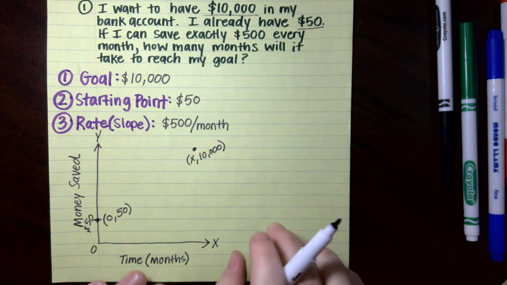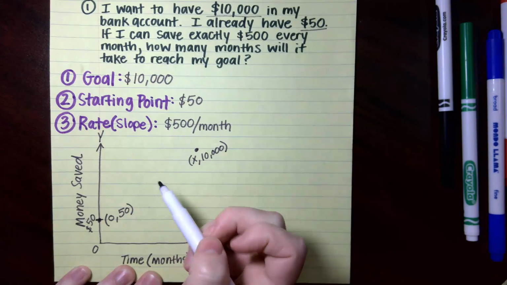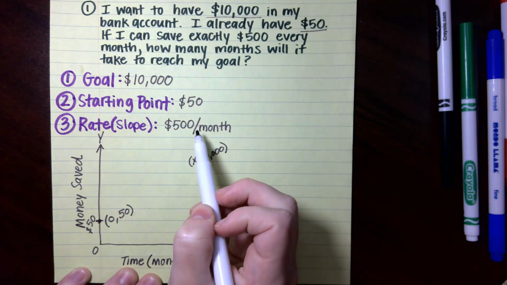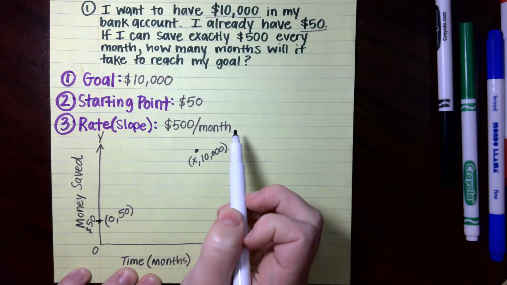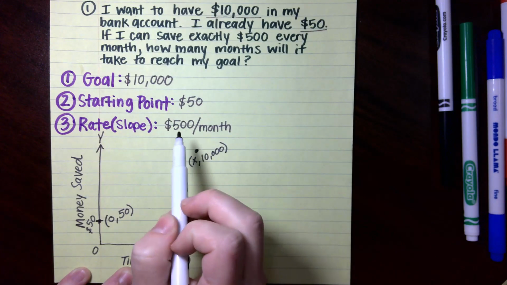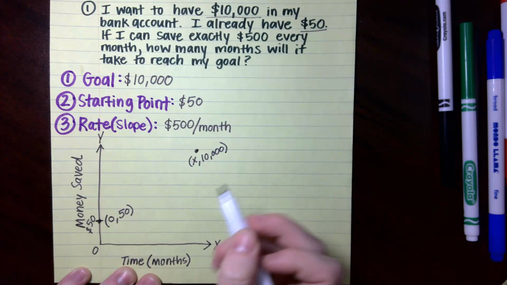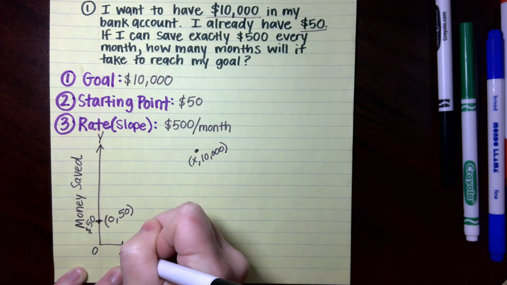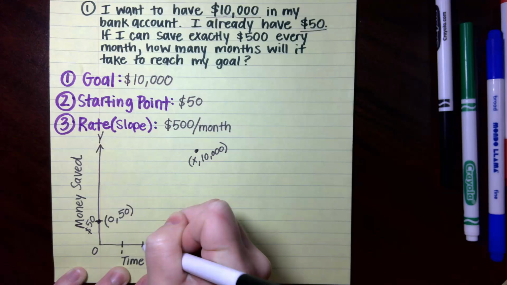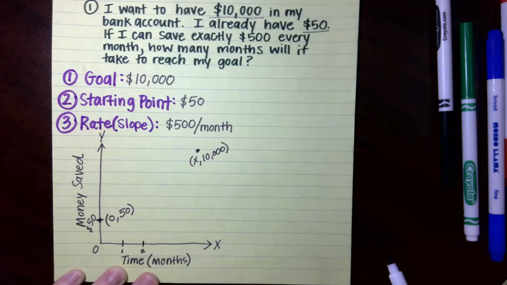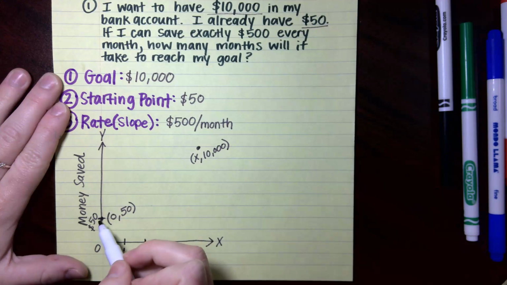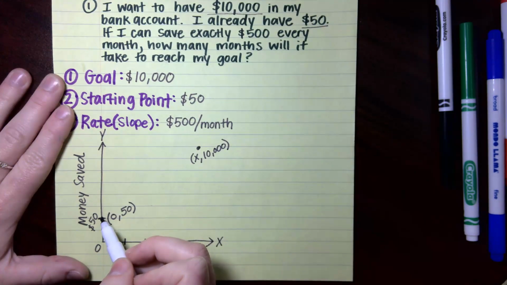So now let's think about this. I know that every time 1 month passes, I get $500 more. So if we were going to think about this visually, I could say maybe this is 1 month, 2 months, and again, this is not to scale. Okay, so at 0, I have $50.